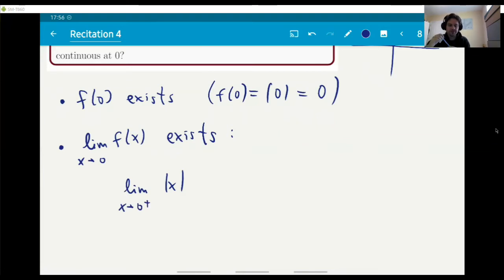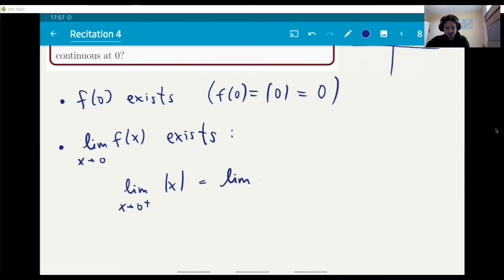You should be very careful about that because the function changes depending on which side you're coming from. So anytime that happens, you should not just plug in automatically, because we are trying to determine continuity here. Instead, you should try to verify the limit by computing the one-sided limits.